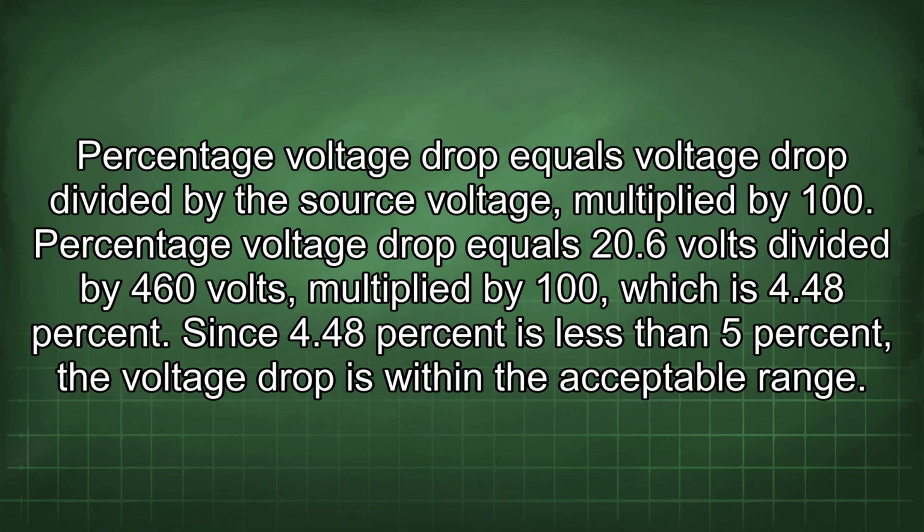Percentage voltage drop equals voltage drop divided by the source voltage, multiplied by 100. Percentage voltage drop equals 20.6 volts divided by 460 volts, multiplied by 100, which is 4.48%. Since 4.48% is less than 5%, the voltage drop is within the acceptable range.